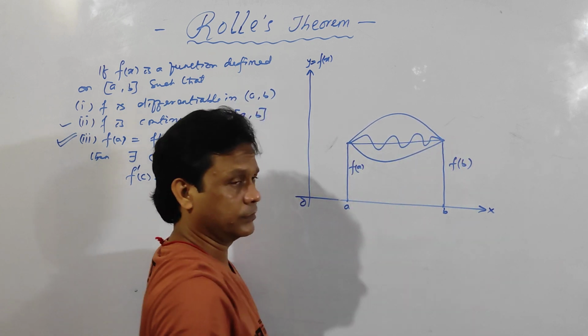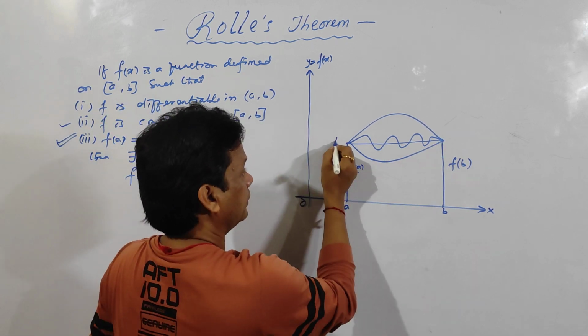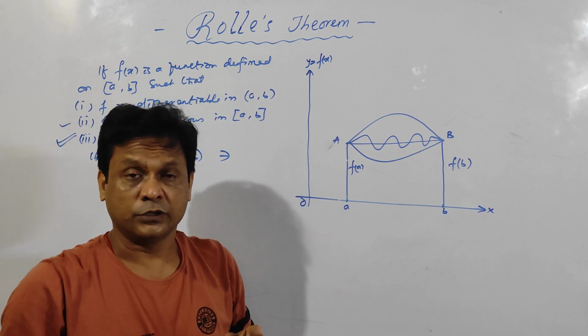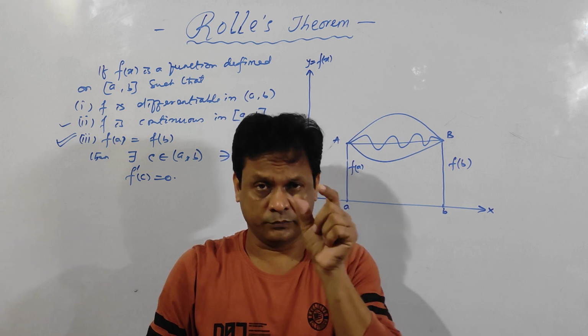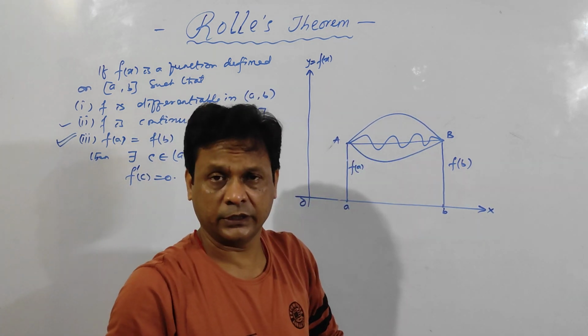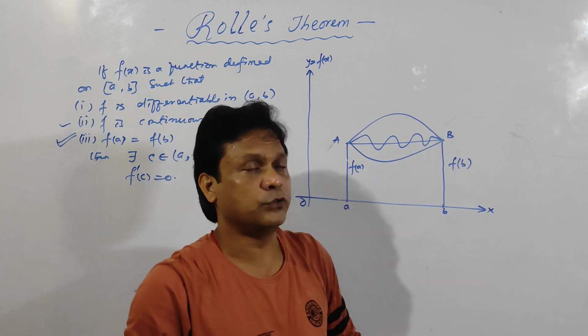These are the options. Either you can draw a straight line joining A and B, or because it is a continuous curve, you should not keep a gap anywhere. So you should maintain the continuity. Clear? From A you should start, and at B you should end.